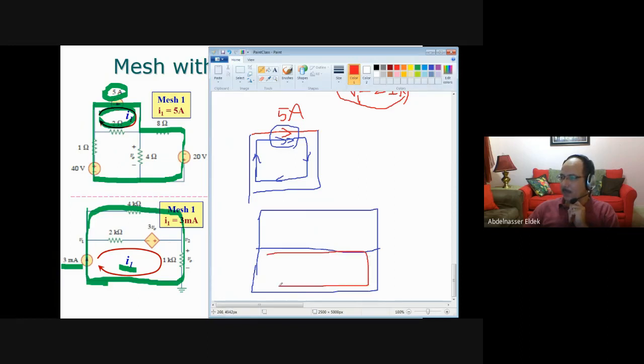This is I1. The source is here, the 3 milliampere, in the same direction as the mesh current. So I1 equals 3 milliampere.